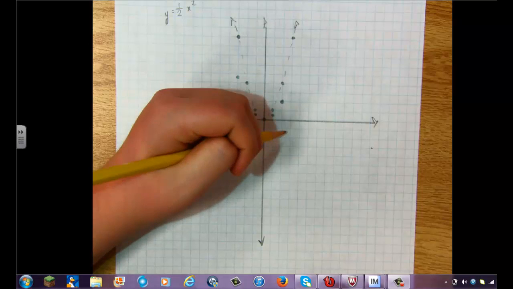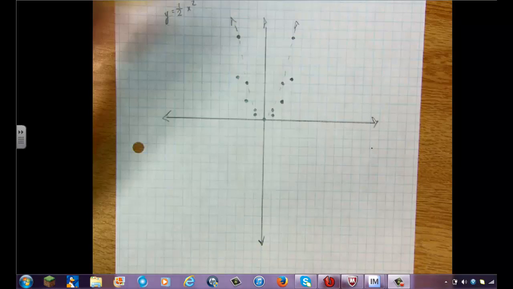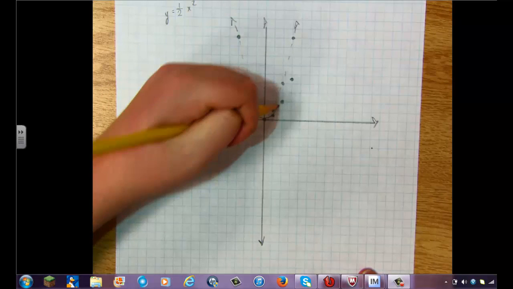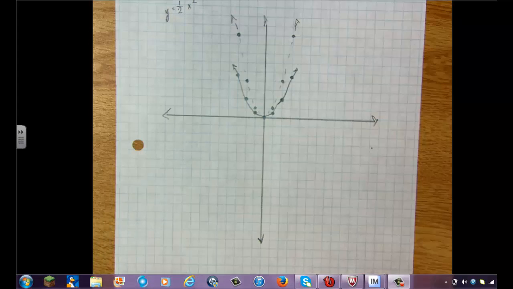And 3, 9 would be 3, 4.5. Dilating something by a number smaller than 1 would be a vertical compression.